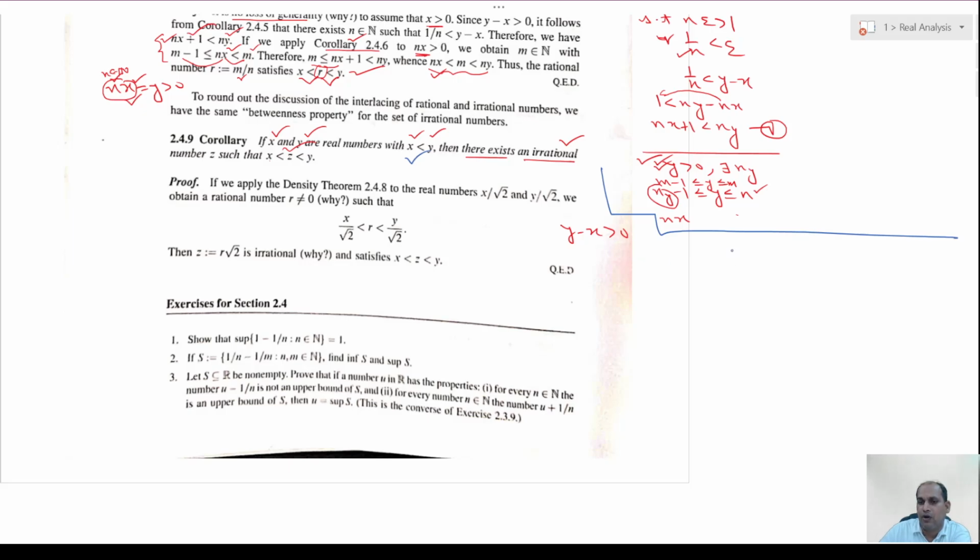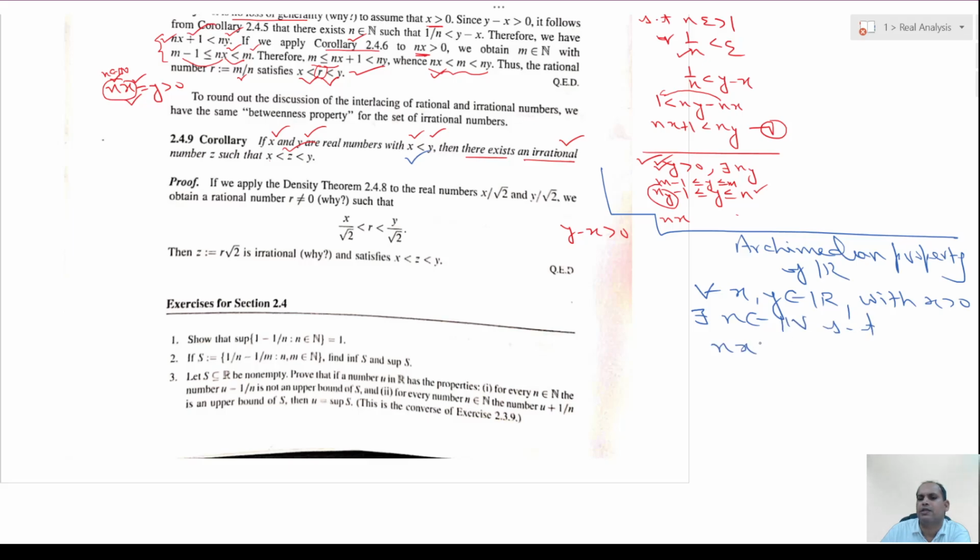And if you recall the Archimedean property of R, then for every x, y belonging to R with x greater than 0, there exists n belonging to N such that n times x will exceed y.